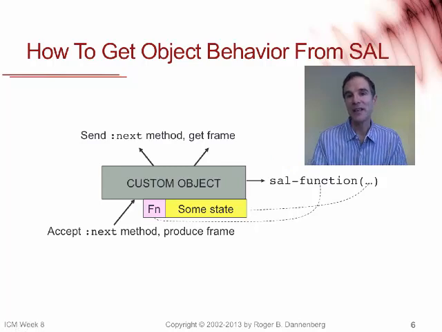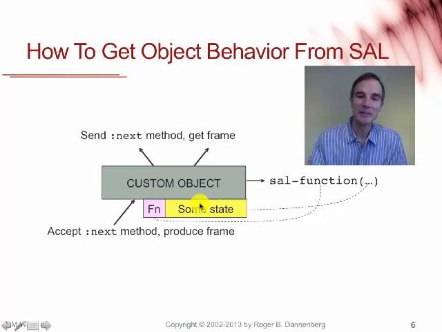SAL, unfortunately, does not have a rich object-oriented flavor, but SAL is built on top of XLisp, a dialect of Lisp, which does in fact support objects. So what we're going to do is implement some libraries in Lisp that can be called upon by SAL to generate objects and to customize their behavior.